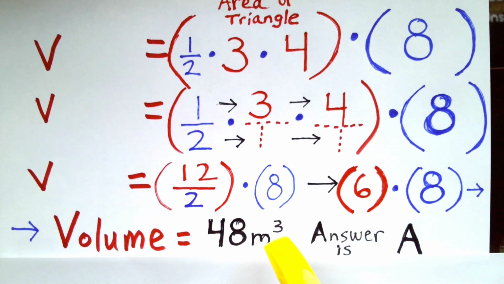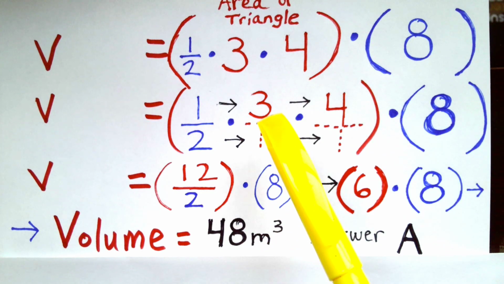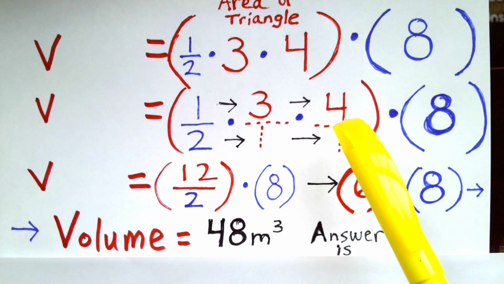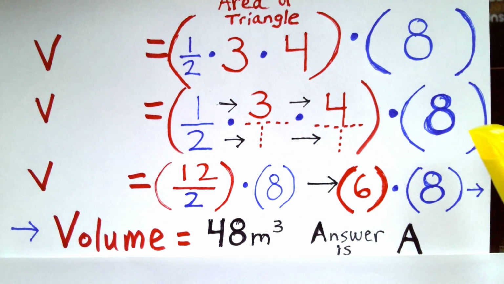Meters cubed. Why? Because that would be 3 meters, 3 meters, and 8 would be another 3 meters. You add those invisible ones: 1 plus 1 plus 1 is 3 meters cubed. I don't want to leave you hanging, so let me show you.